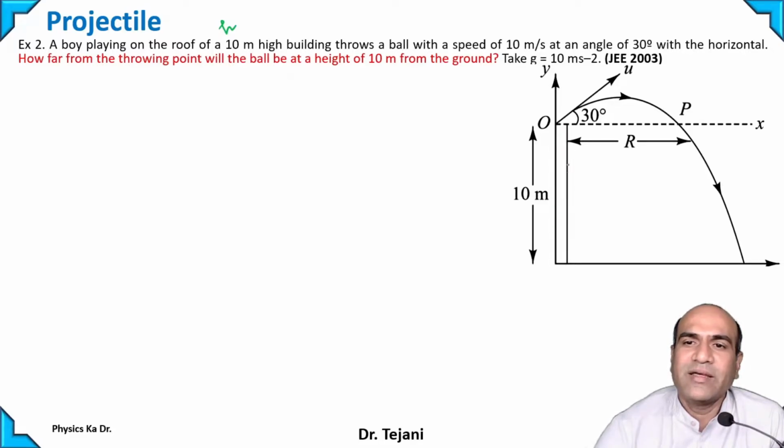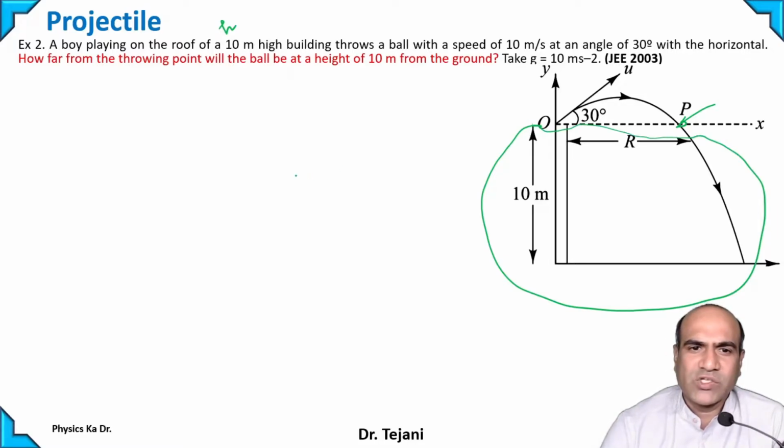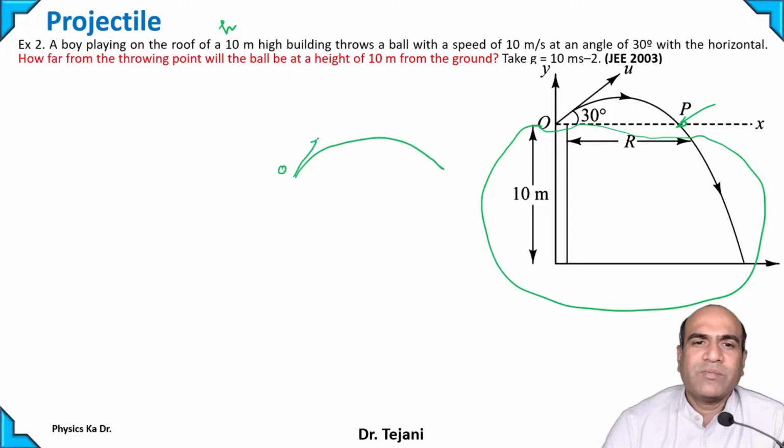The object is thrown with some velocity u at the angle 30. If you neglect the portion below, your question is like this: the object is thrown from O with some velocity u, and it travels and hits the ground at some distance at the same height.